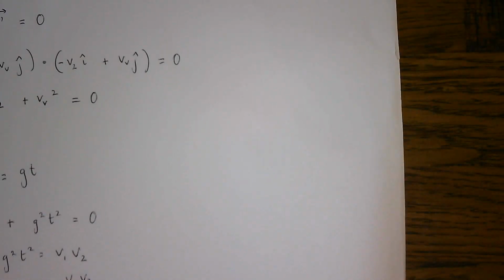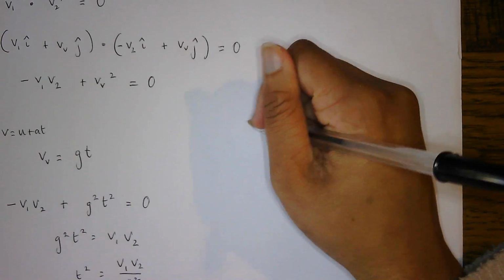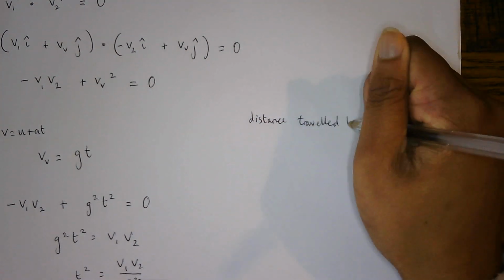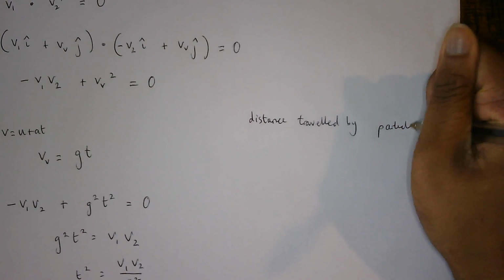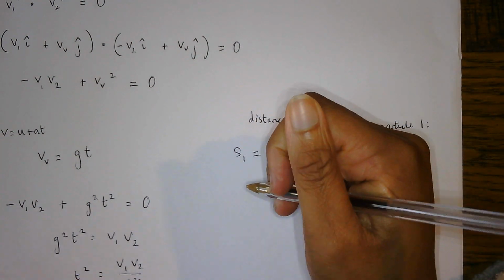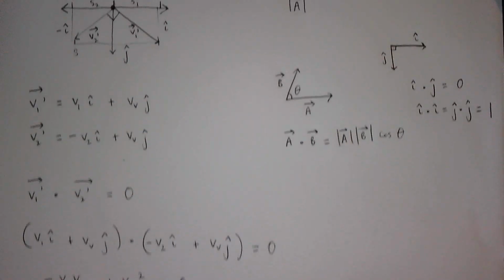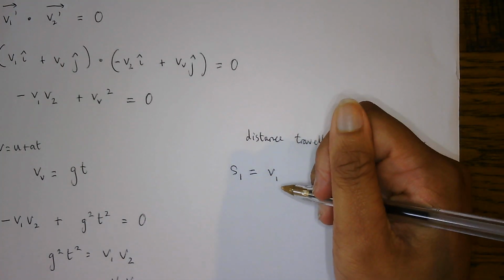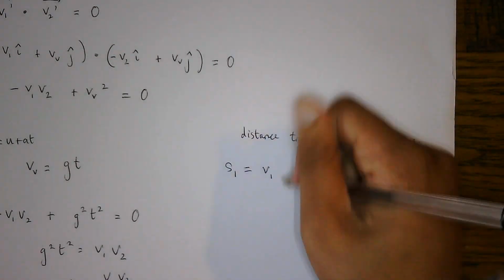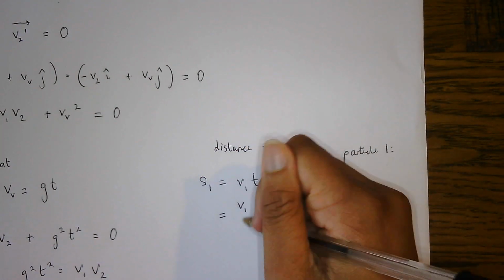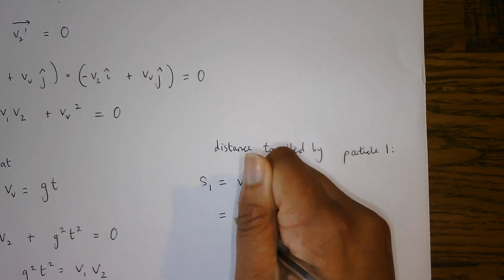So we can say the distance travelled by particle 1, S1, is equal to the horizontal velocity of particle 1, which was v1, times t. If we substitute in the value of t, it's v1 times the square root of v1 v2 over g.